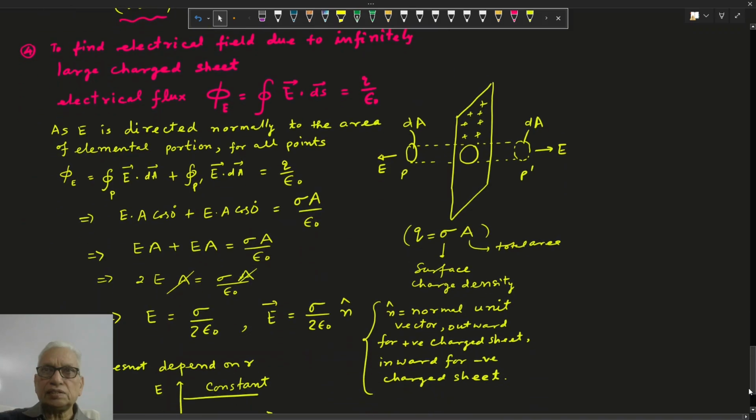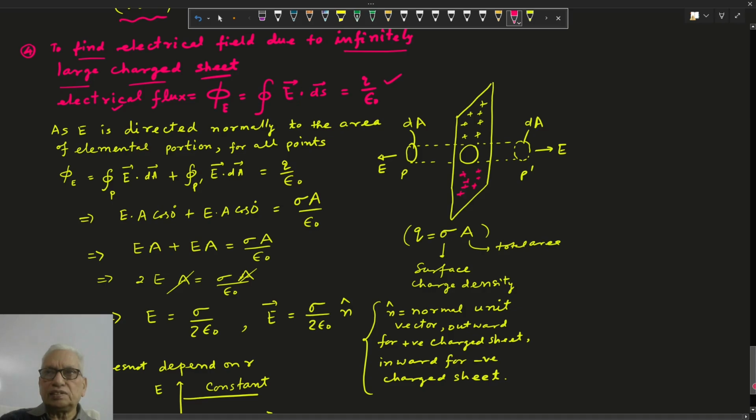Now the next case, and the last application, is to find the electrical field due to an infinitely large charge sheet. In the Gauss theorem, electrical flux equals the integration for the closed path of E dot ds equals q upon epsilon naught. Here sigma is the surface charge density.